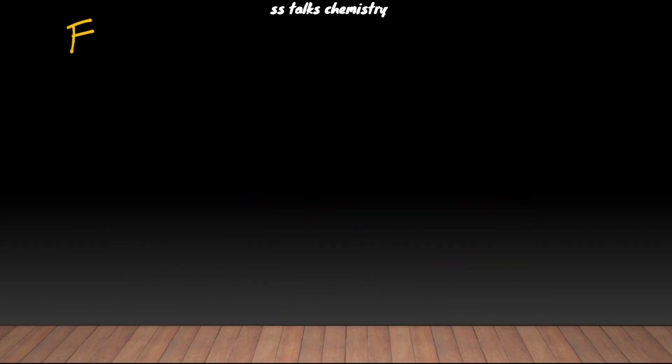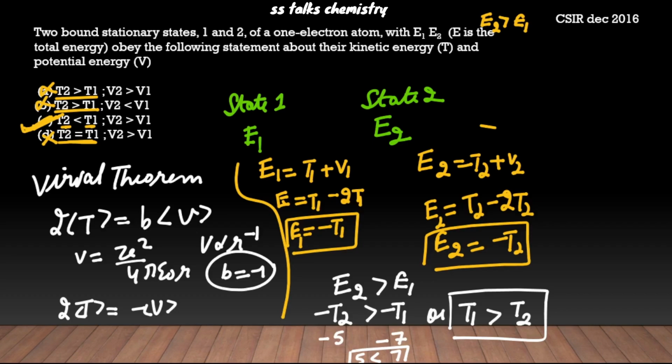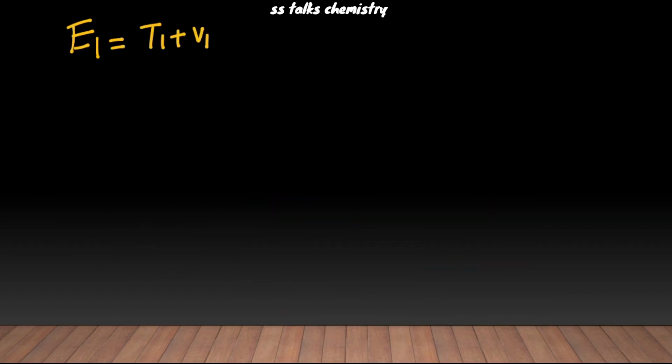But you can also find the relationship between the potential energies in a similar manner. So the E1 value was T1 plus V1. Now the V1 value, in terms of the potential, will be minus V1 by 2 plus V1. So we are getting V1 by 2. So this is the energy E1.